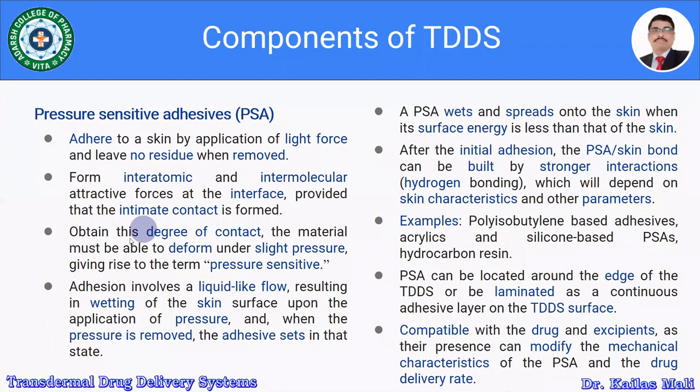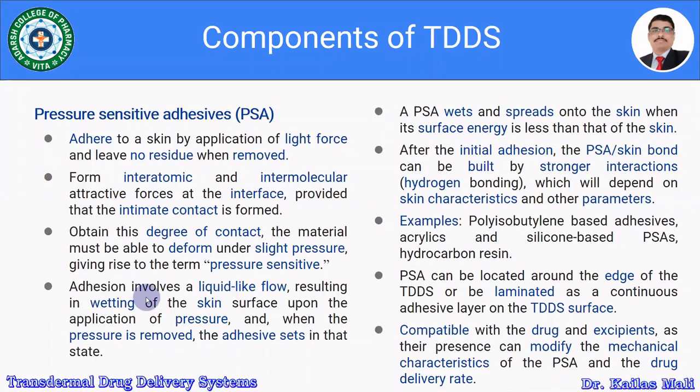To obtain this degree of contact, the material must be able to deform under slight pressure. When we are applying slight pressure, it should deform, giving rise to the term pressure sensitive. Whatever the adhesive is, when we apply pressure on it, it is going to be deformed and adhered to the skin, and that's why it is said to be the pressure sensitive adhesive.